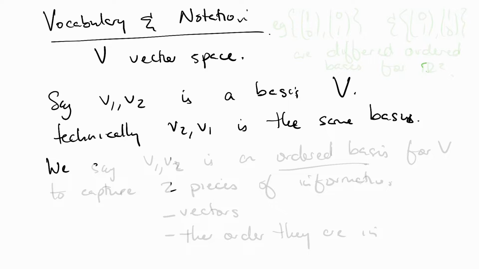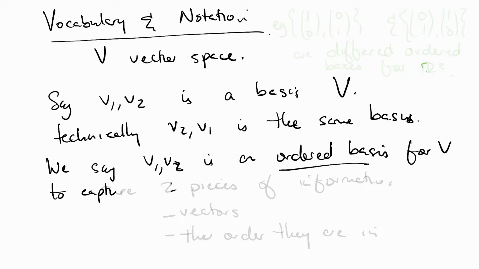So we will say that V1, V2 is an ordered basis for V to capture 2 pieces of information. We want to capture the vectors, and we want to capture the order they are in.